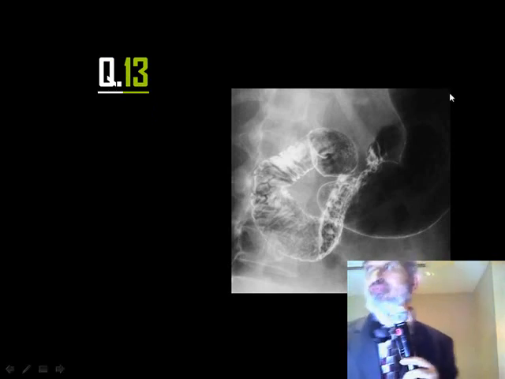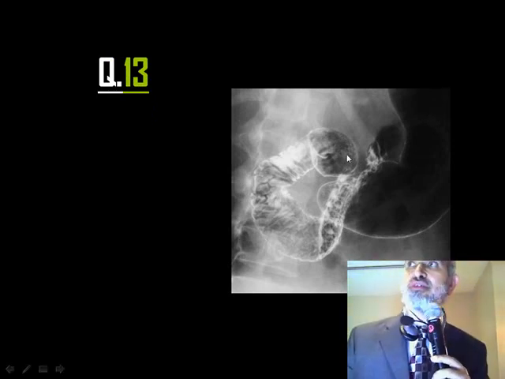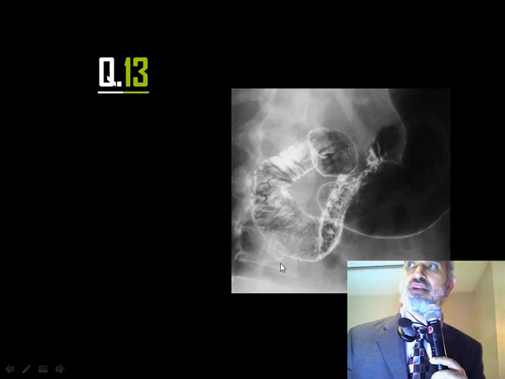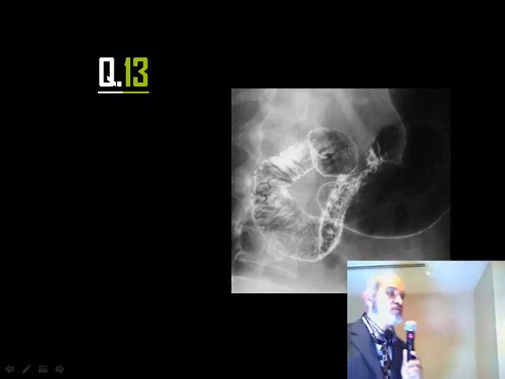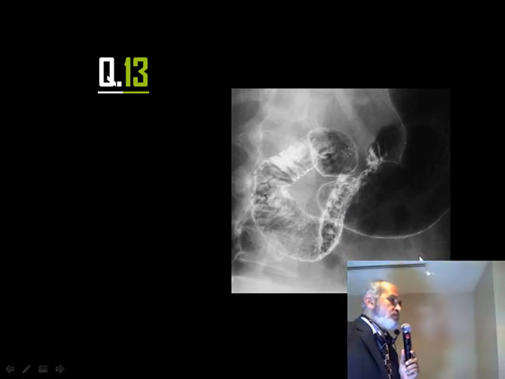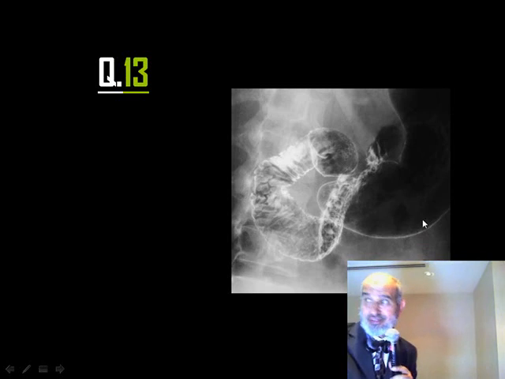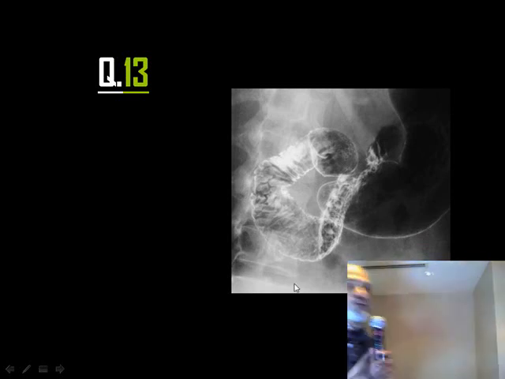What part? Stomach. Yes, this is the stomach which is filled with air. This is the duodenal cap and this is the duodenal loop. What is the diagnosis? This is the most difficult one. No, this is regular mucosa. Cobblestone is like the pavement in the street.